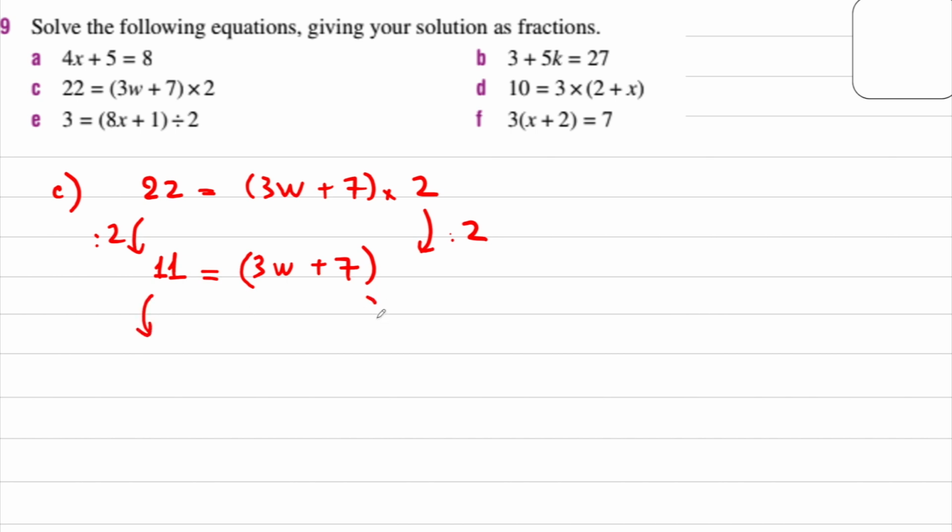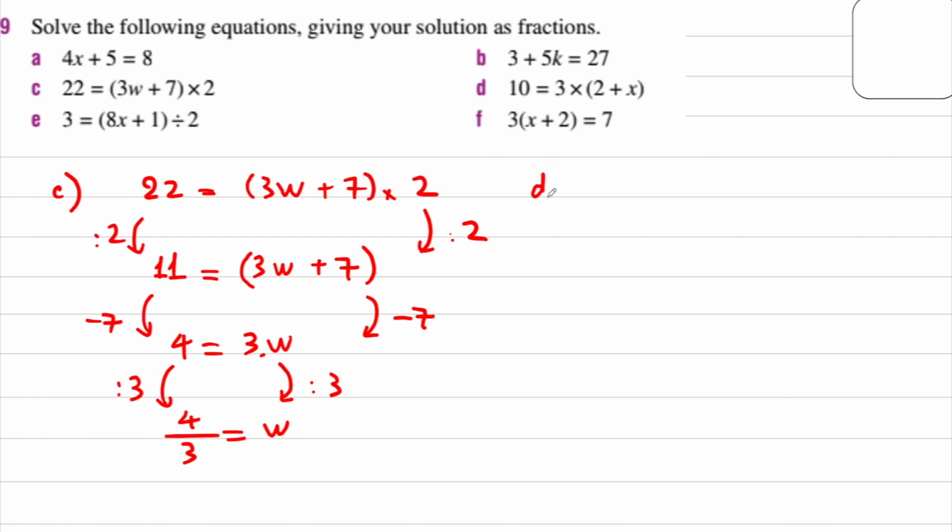The next one is a little bit harder because you have to apply at least three operations. Minus 7 for now. Here is 4, minus 7, 3w, and 3w means divide by 3. This one divide by 3. 4 divided by 3, you will get w in here.